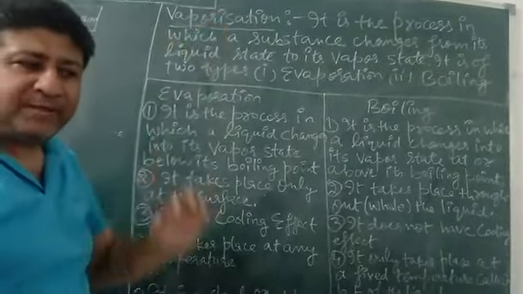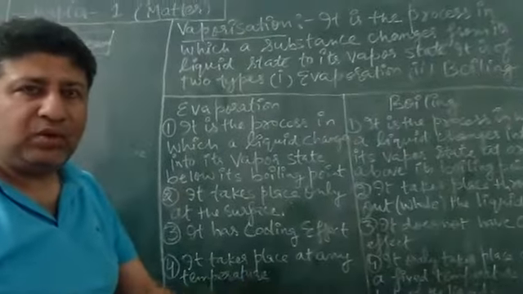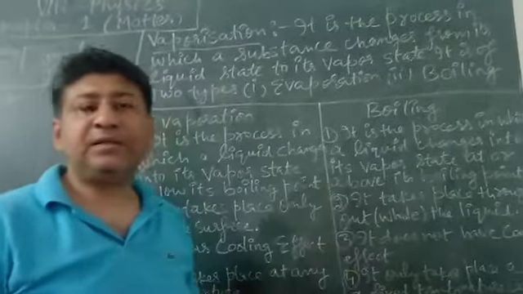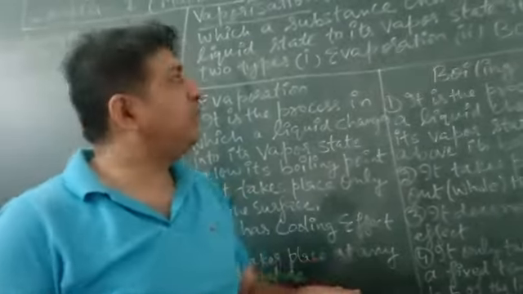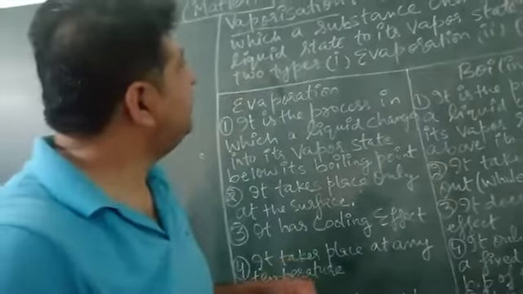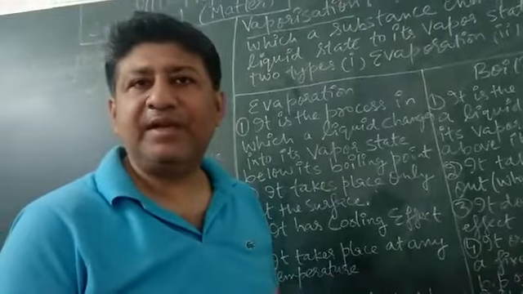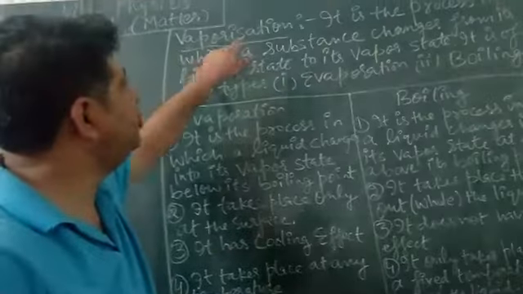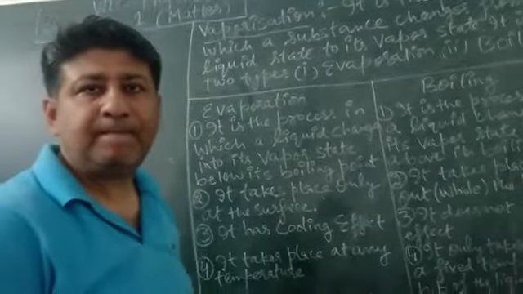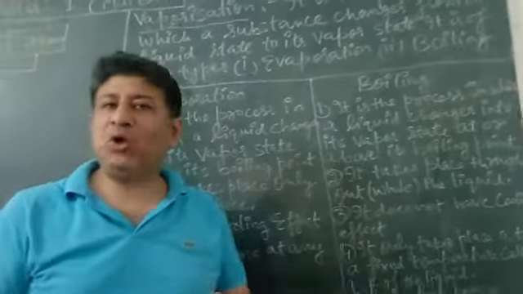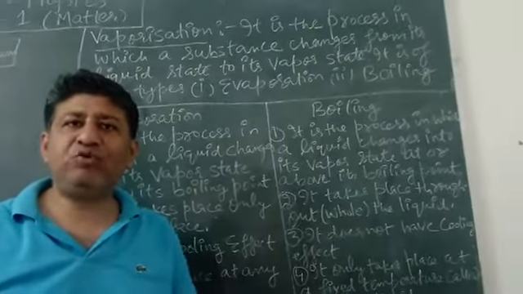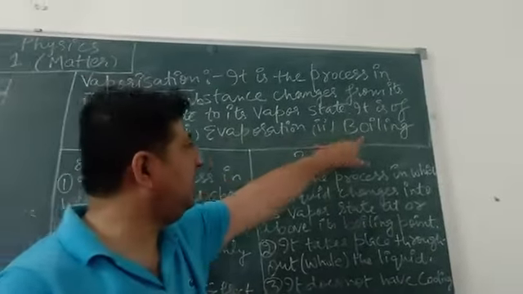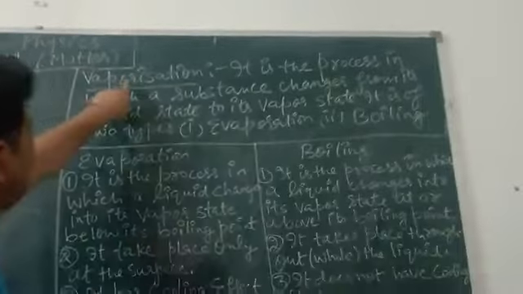So when a substance converts into its gaseous state from its liquid state, that process is called vaporization. Okay? It's not boiling, it's not evaporation. In fact, evaporation and boiling are the two types of vaporization.